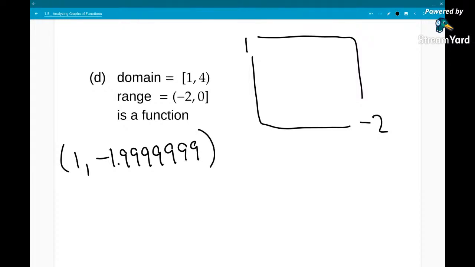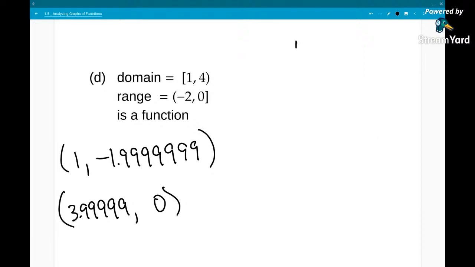And by the same argument, 4 is never input. I can't input 4. That's what this says. You're not allowed to have 4. But I'm going to pair what I can do that's really close to 4, like 3.999999999, with 0. All right, so that's my ordered pair.